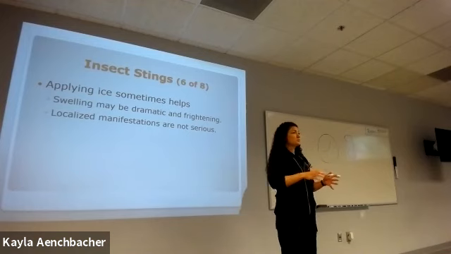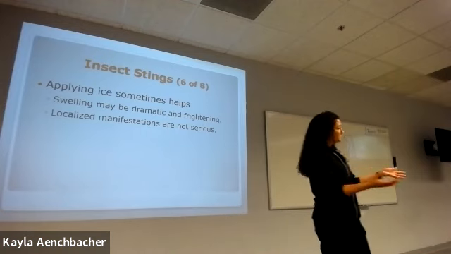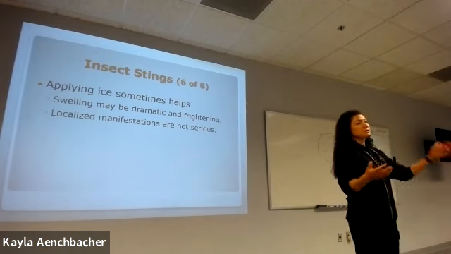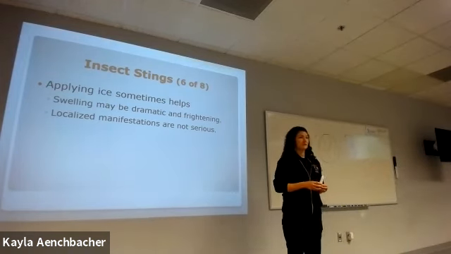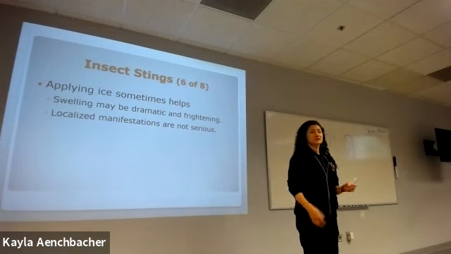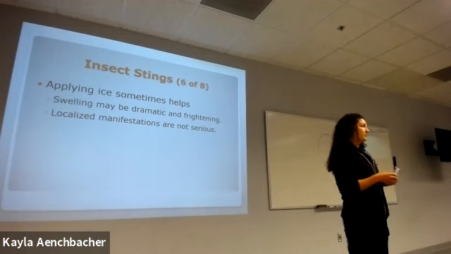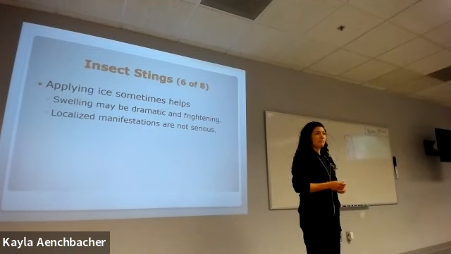Guys, the swelling is what causes the discomfort and the itching because the skin is stretching. So if you vasoconstrict and you don't allow as much blood flow, the swelling will go down and it won't hurt as bad. That's a general concept for any type of sprain, injury, any type of skin irritation. It causes vasoconstriction to the capillary beds, decreased blood flow, less stretching, less pain of the skin.